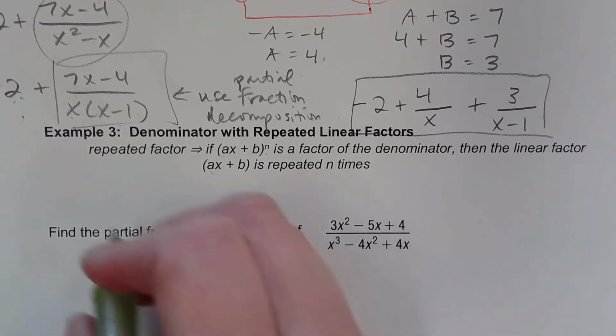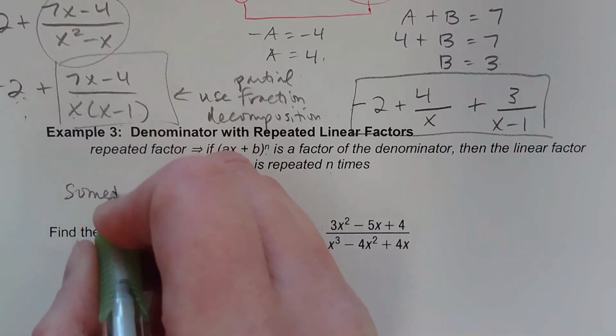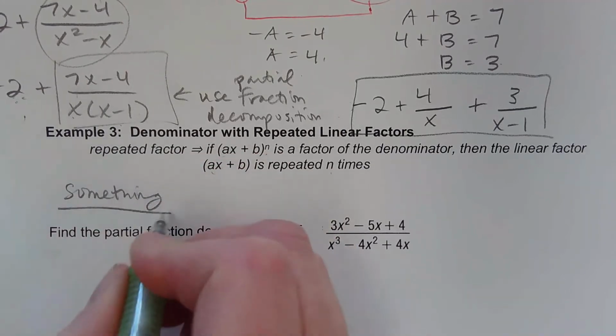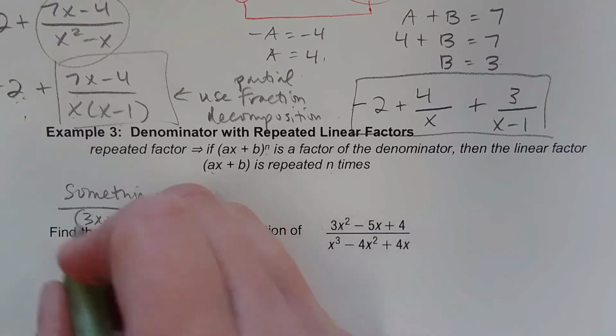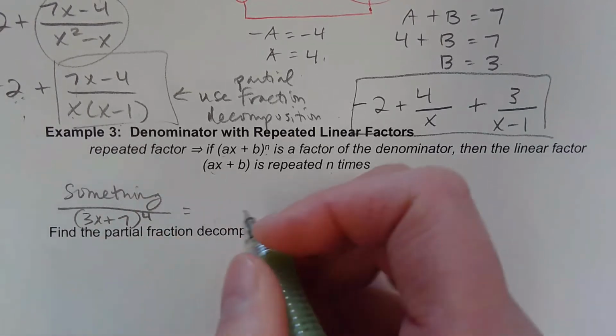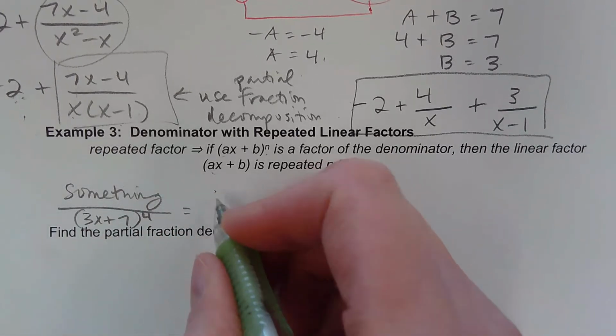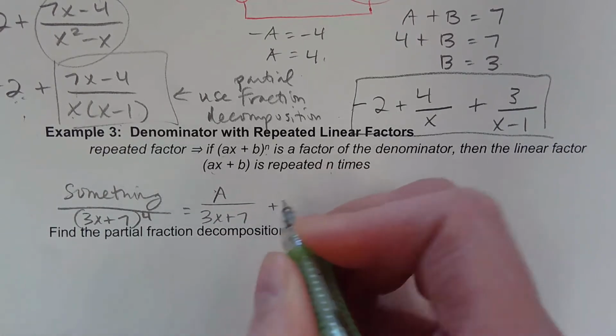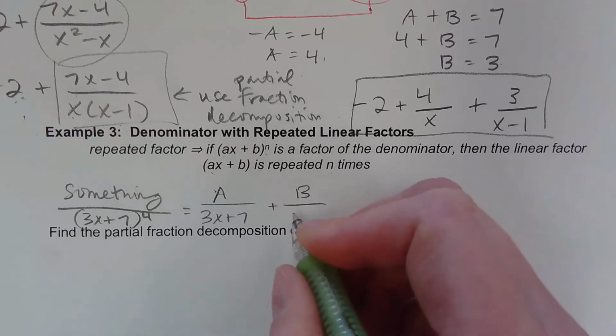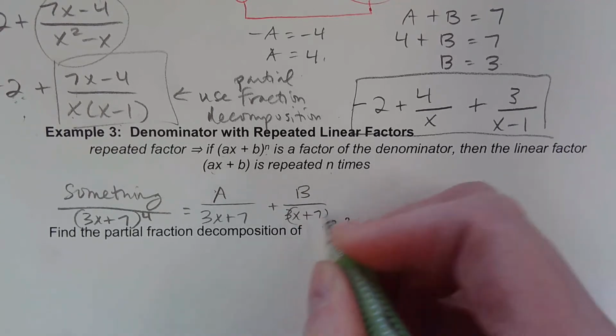So if I had something over, let's come up with a linear factor, let's say like 3x plus 7, and that was to the 4th power, then what that would mean is first I would have a constant over the 3x plus 7. Then I would have a different constant over the 3x plus 7 squared.